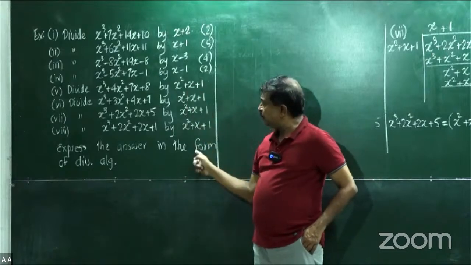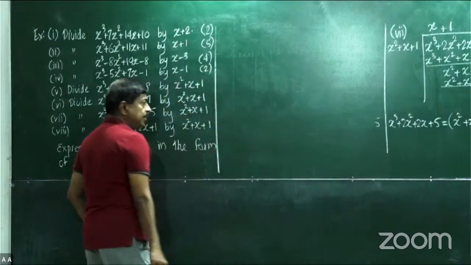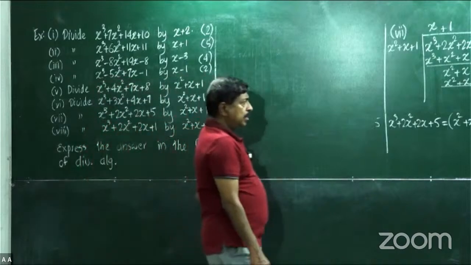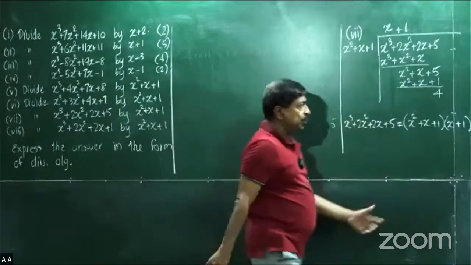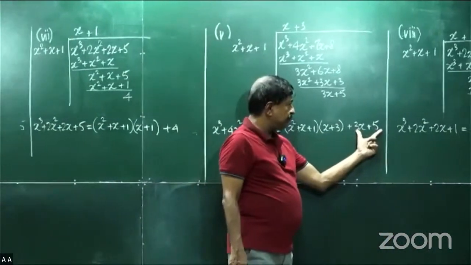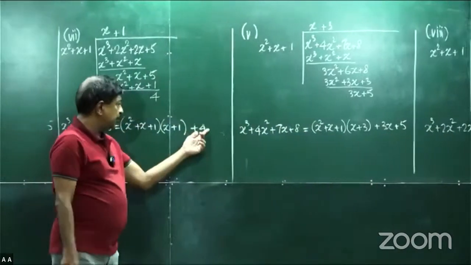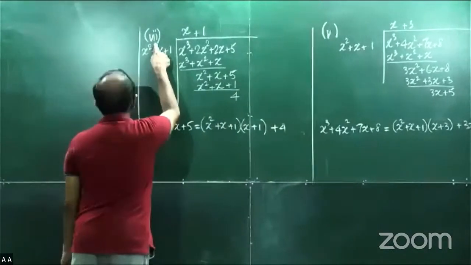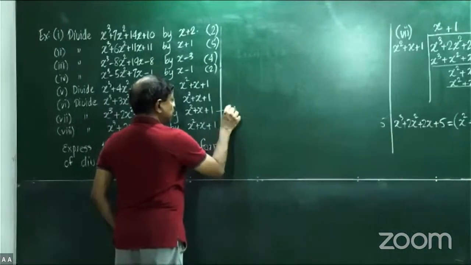Now here, in these four cases, I have erased the sixth one. Fifth one, the remainder was, look, 3x plus 5. In the eighth one, the remainder was 0. In seventh one, it is 4. So remainders were like this, 4.